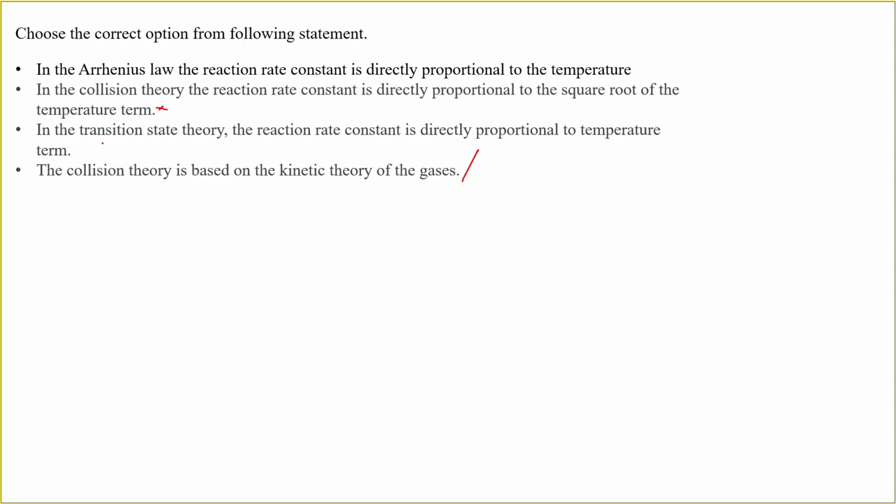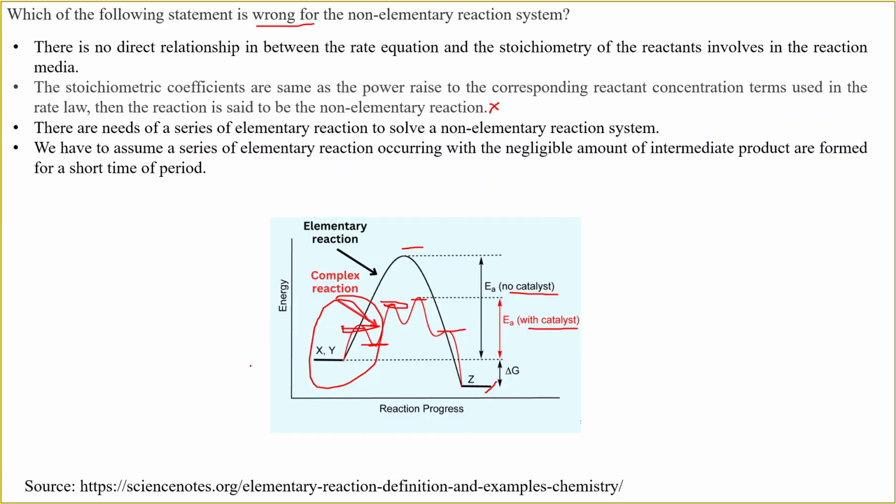Next, we have that in transition state theory, the reaction rate constant is directly proportional to the temperature term. What happens in transition state theory is that the reactants transition to a higher activated state, as shown in the previous problem, where reactants come together to form an activated complex to reach a higher activation state, and from then onwards they drop down again to the product state.